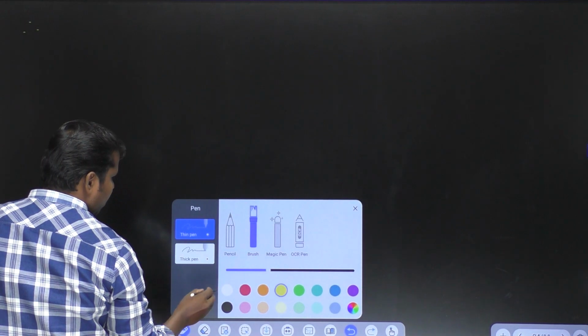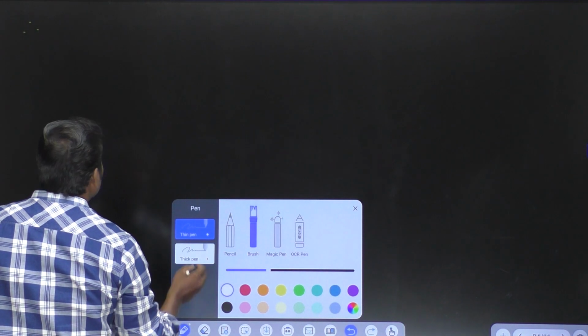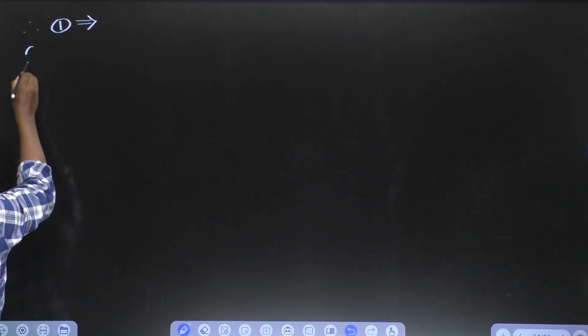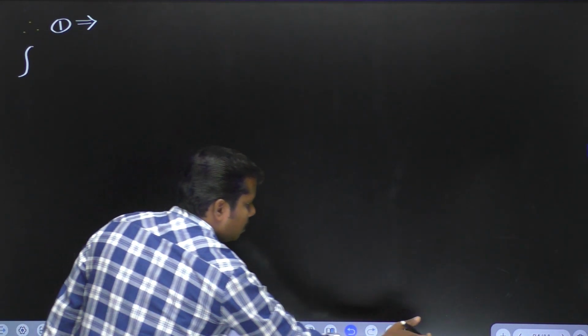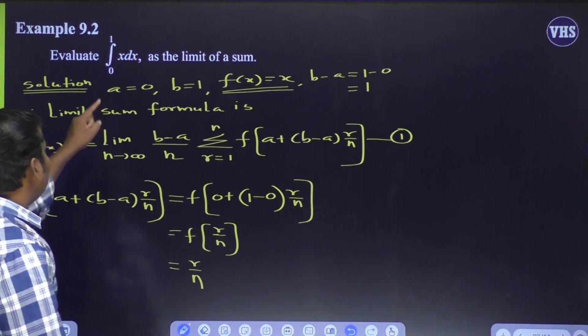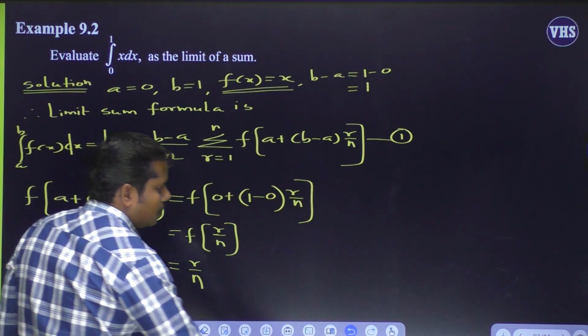Therefore, equation 1 certainly implies that integral, lower limit. What is our lower limit? What is the question? Lower limit 0, upper limit 1, function x.